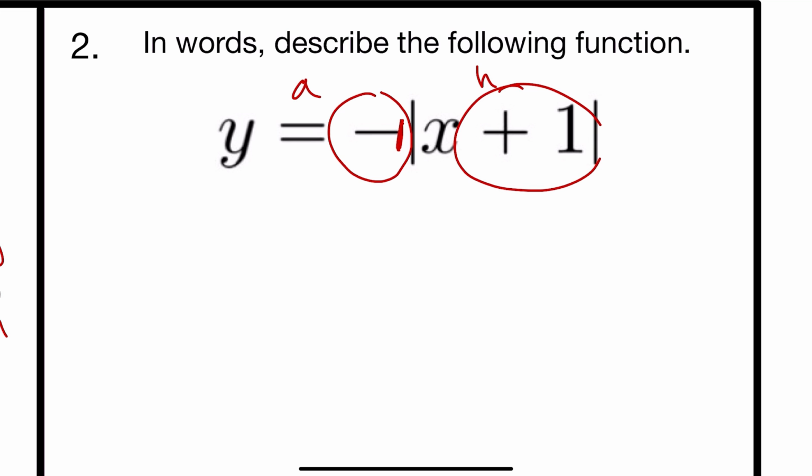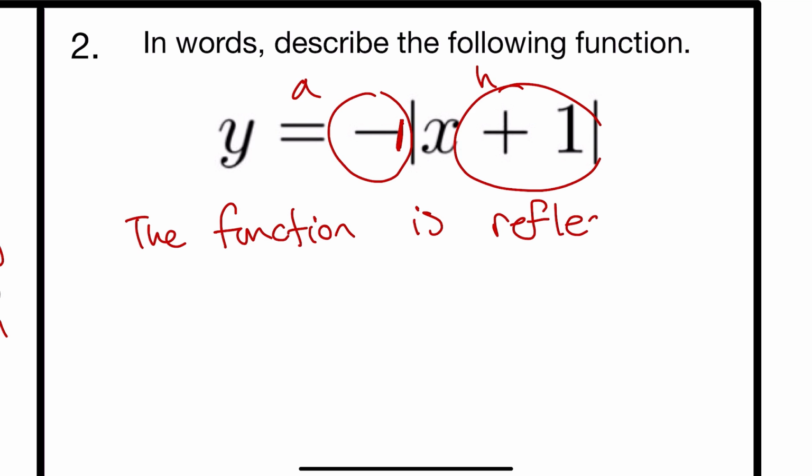So we're going to say the function is reflected. It is reflected. Why is it reflected? Because we have this negative sign here.